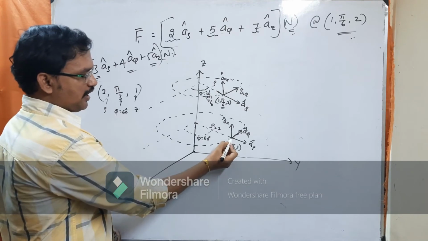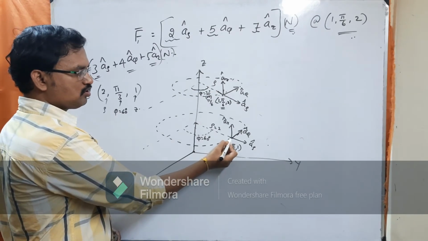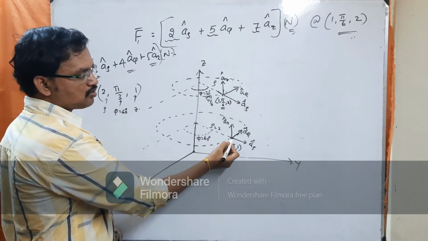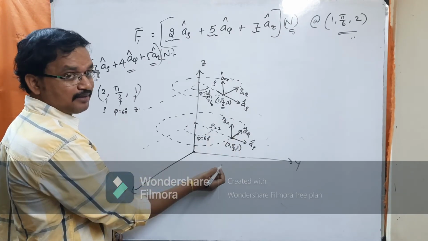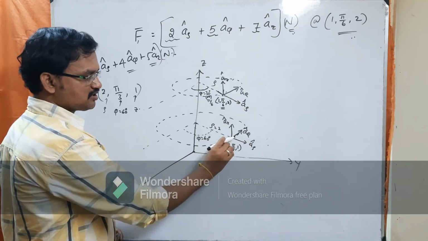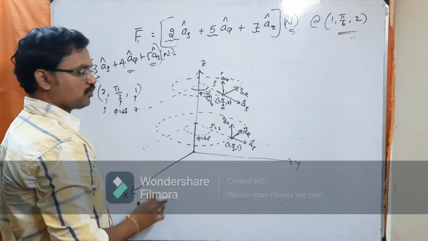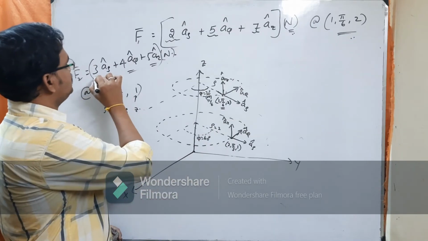Understood? So that means at this location, first you have to go to this location. At this location, you have to draw a rho cap, a phi cap and az cap. So this is the a rho cap direction at this point, this is the a phi cap direction and this is the az cap direction at this point. Here this vector represents what?